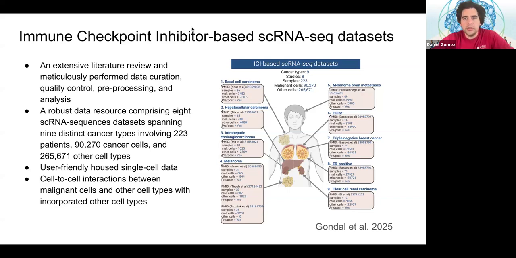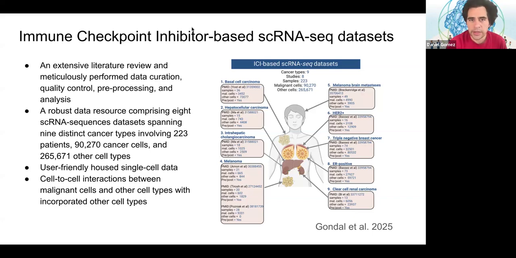In this ICI-based single-cell RNA-seq dataset, the single-cell data is housed in a user-friendly way, and the cell-to-cell interactions between malignant cells and other cell types are incorporated.